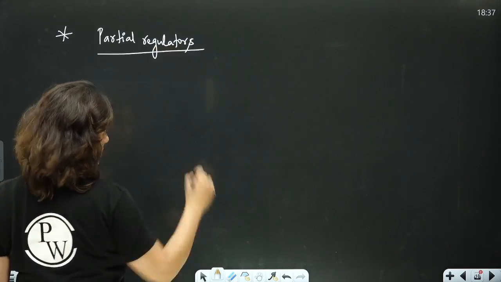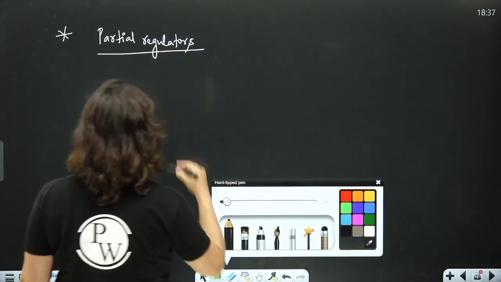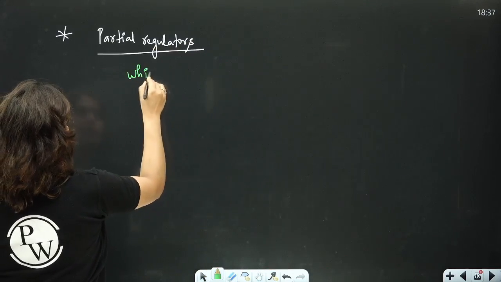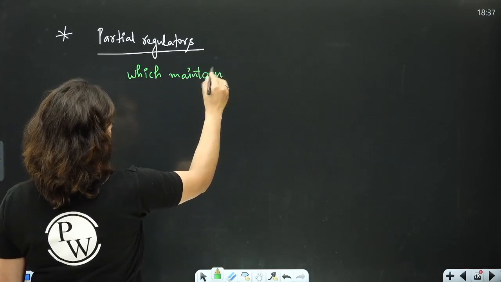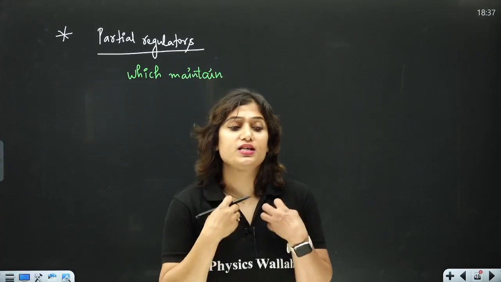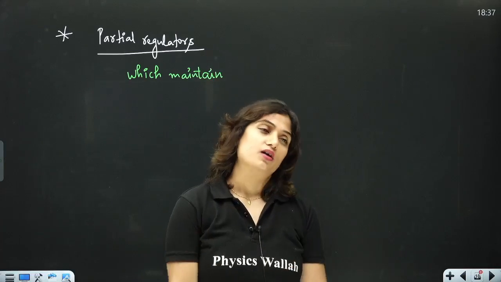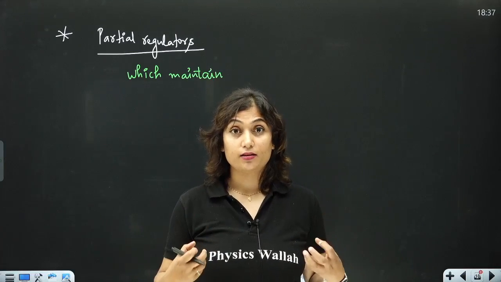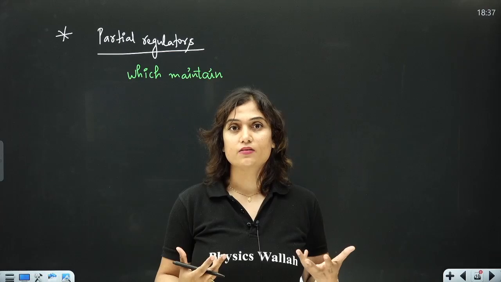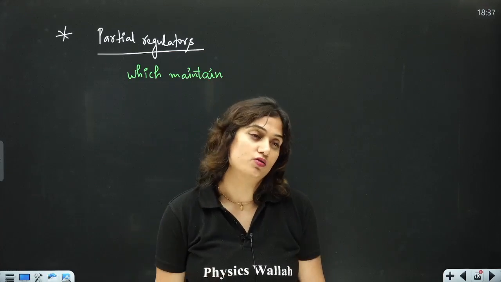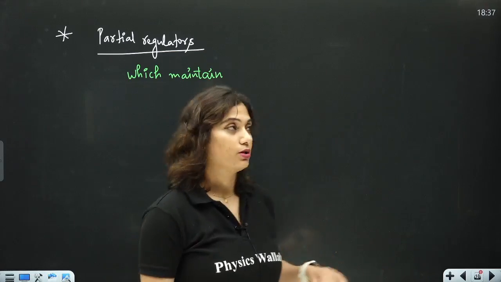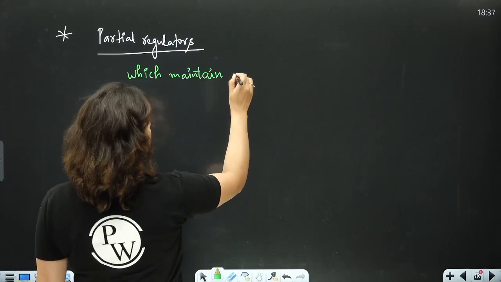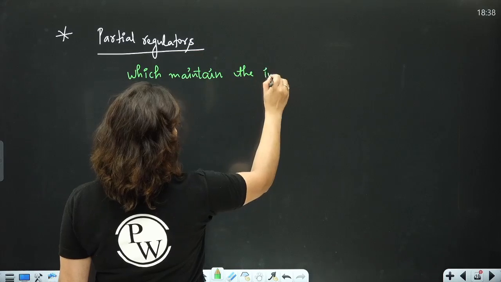Partial regulators are those organisms which maintain their internal environment up to a limit. They fight, saying we have to maintain our internal environment. But because maintaining the internal environment is so energy expensive, after a point of time they get exhausted and say, okay, now we will change according to the external environment.